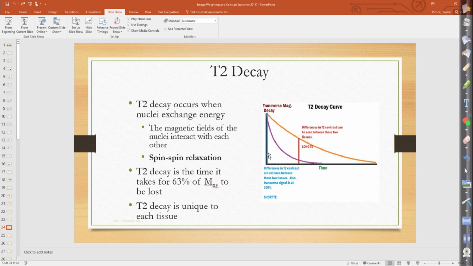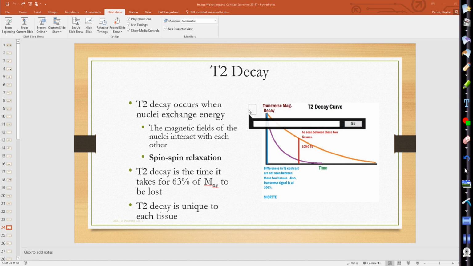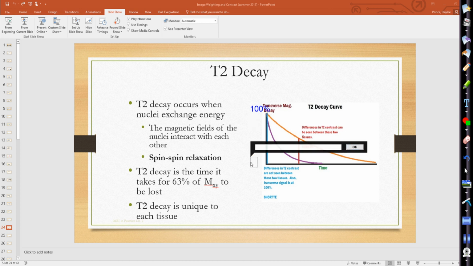So a lot of times they draw a line here. You start off with 100% signal up here, and then your signal eventually goes down to 0.